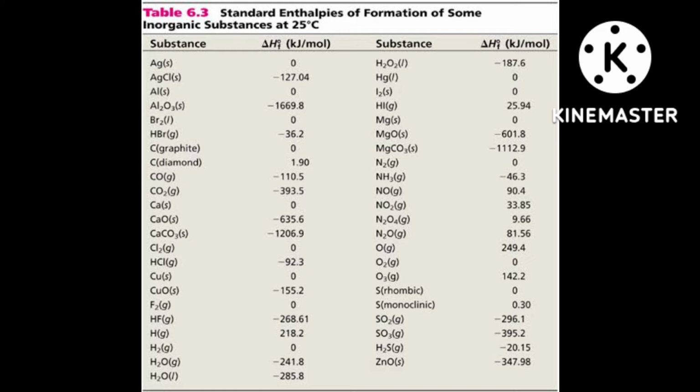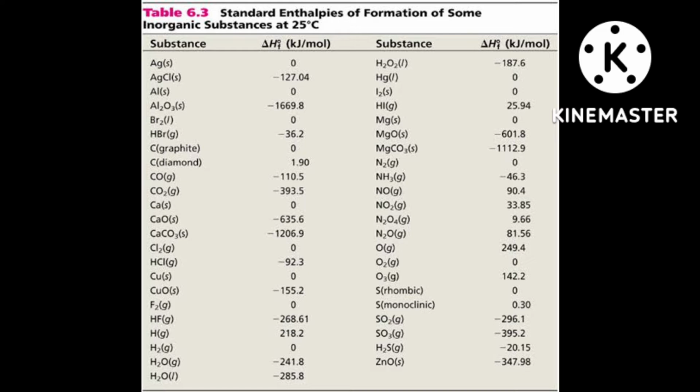Here in 600 two compounds are there. First is silicon tetrachloride, SiCl4, a gas.